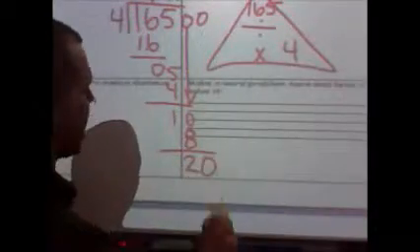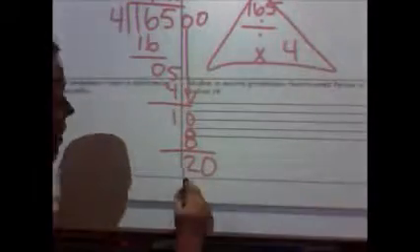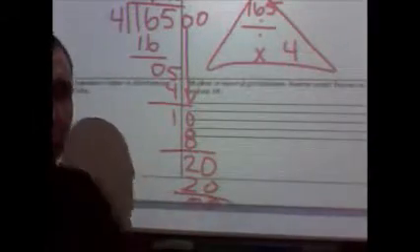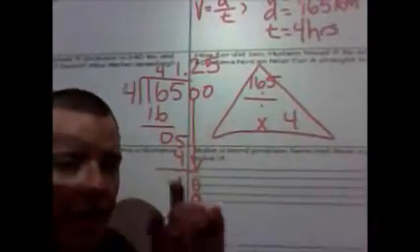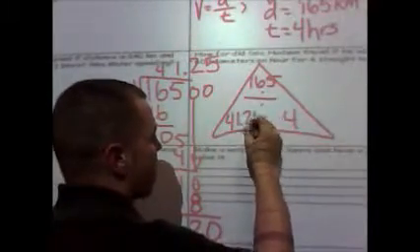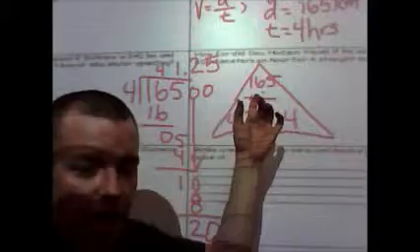I have to add another 0. Bring the 0 down. 4 will go into 20 5 times. 5 times 4 is 20. So I have solved the question. I know that the velocity is 41.25. Now, that is not a velocity.